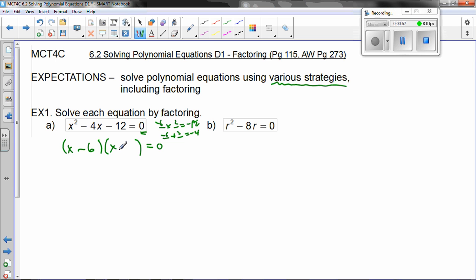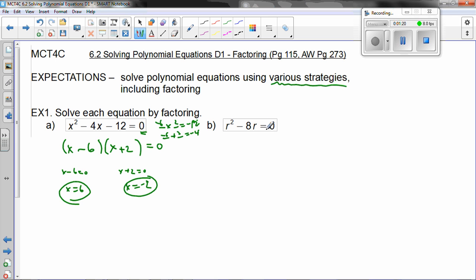So the numbers are negative 6 and positive 2. And then the solutions: two things multiplied, the answer is 0. This is a step we've done enough that you can skip it and get straight to the answer. x equals 6, add 6 to both sides, or subtract 2 from both sides, x equals minus 2.